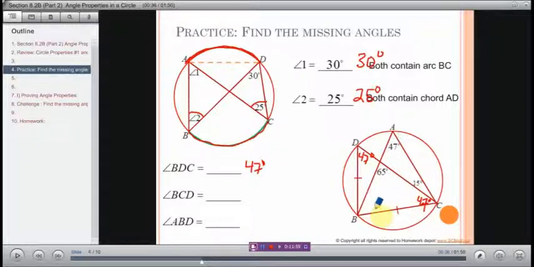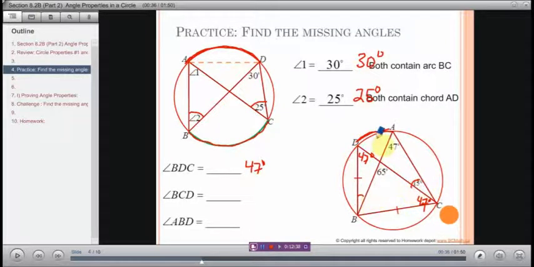Now, the next part, to try to figure out what 15 is, there's a bunch of ways to do that. The easiest way is to realize that DA, right here, this arc DA, gives rise to two separate angles. It gives rise to this angle here, angle C, which is 15, and it also gives rise to this angle here, so these two must be equal.